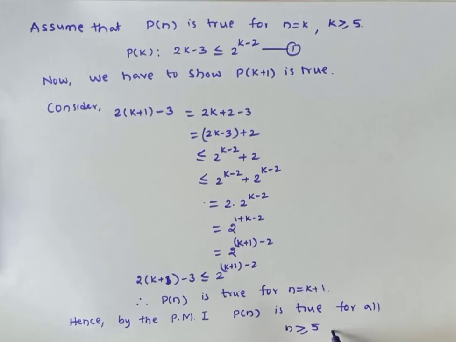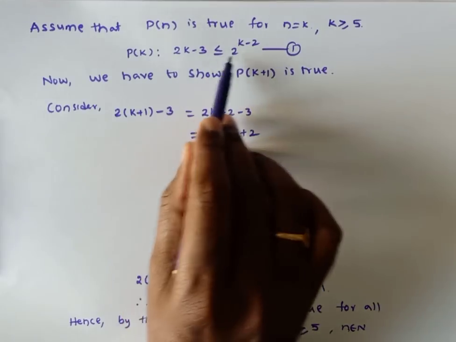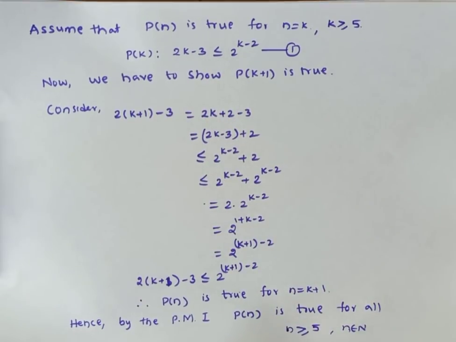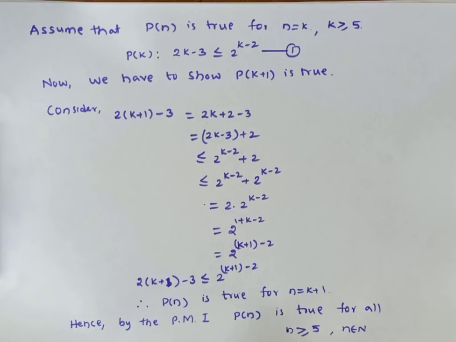Here you need to mention what n is also. N is nothing but a natural number, right? So don't write for all natural numbers n belongs to N. It is n greater than or equal to 5 only. This statement is true for n greater than or equal to 5. If you have any doubt, you can check with 1, 2, 3, 4 also.